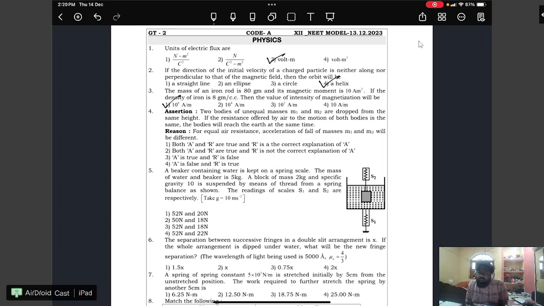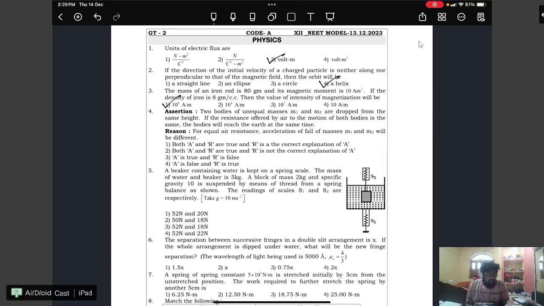Two bodies of unequal masses m1 and m2 are dropped from the same height. If the resistance offered by the air to the motion of both bodies is the same, the bodies will reach the earth at the same time.